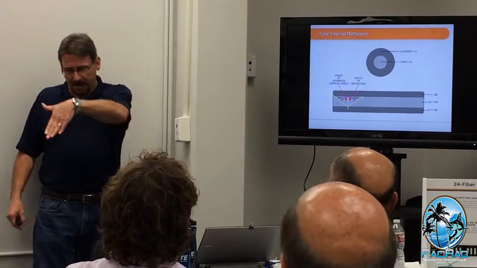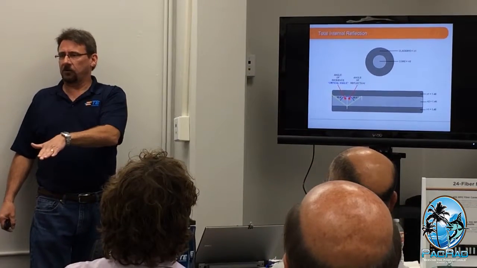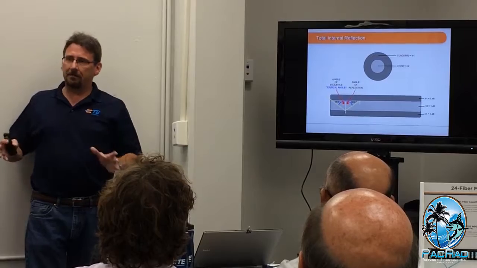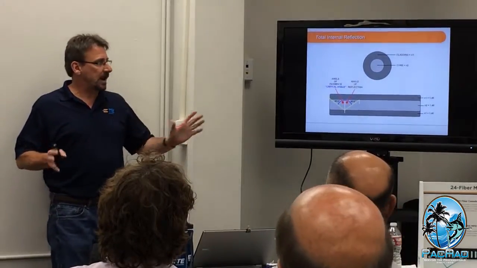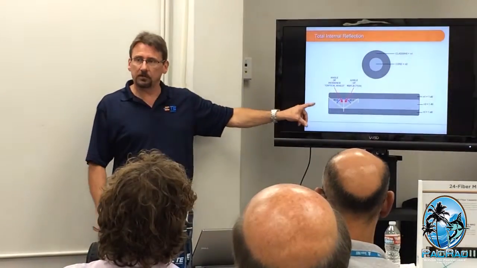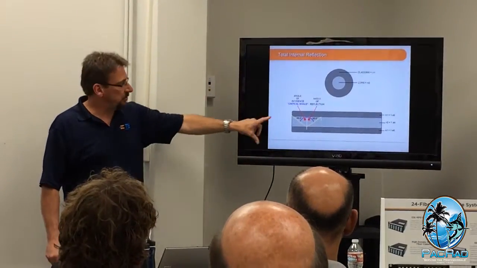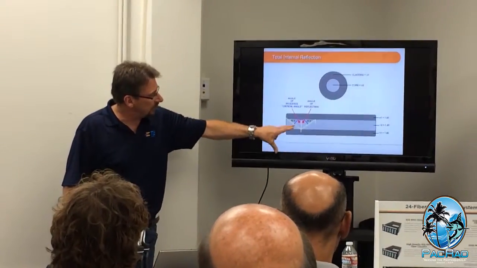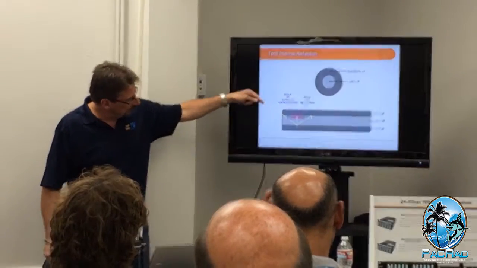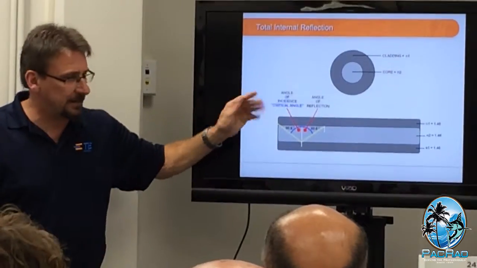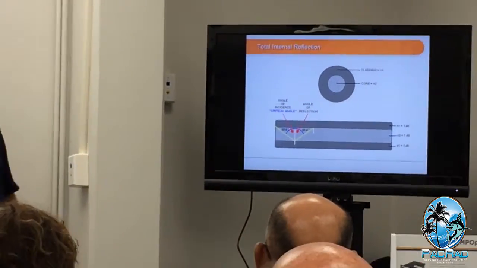At that point, I've exceeded the critical angle, and now I'm not seeing the refracted light. Does that make sense? That's the simplest way I've come up with to explain how this works. It's all about the angle at which the light travels into the fiber. Because it's two different densities or grades of glass, the core and the cladding, light will strike the cladding and bounce within the fiber if it's within the critical angle.